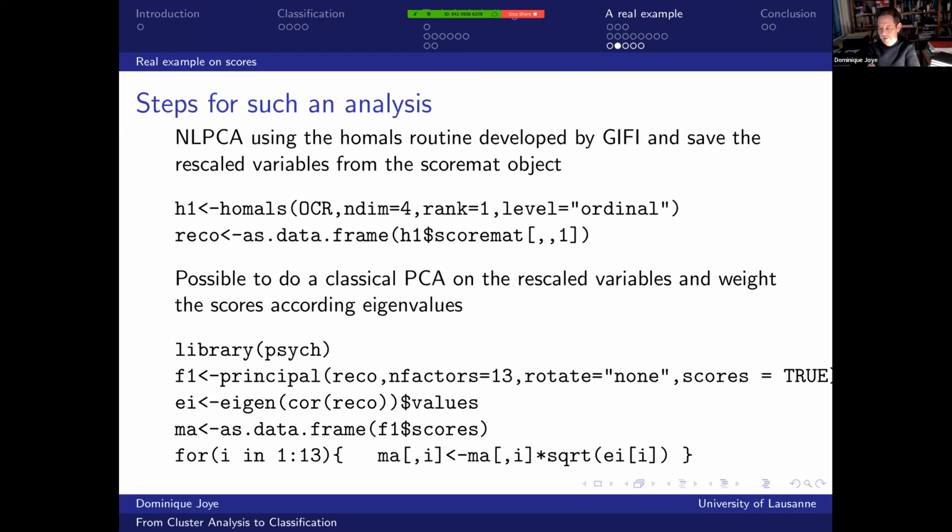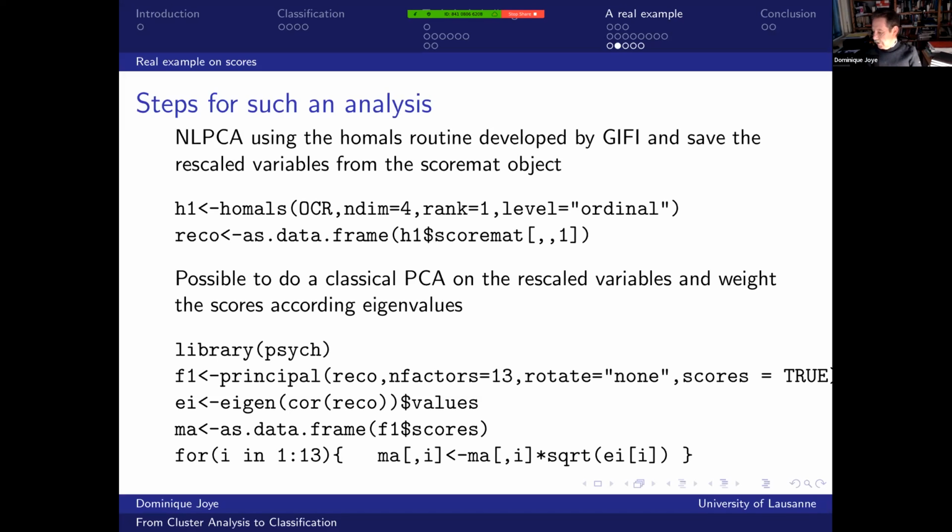So that means that when you take the factor scores out of the analysis, you will give the same importance to the last factor, which is really small in terms of variance, as to the first, which is much more important in terms of variance. So it's important to try to keep the scale and to modify the input variables by this scale in order to do this kind of analysis.